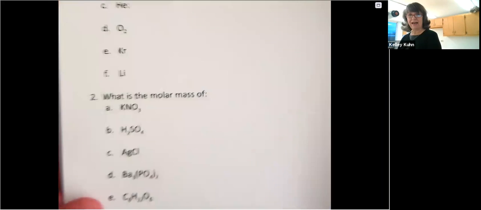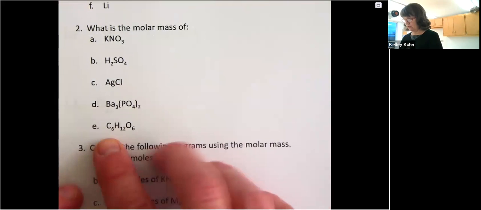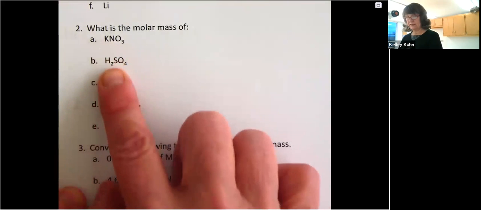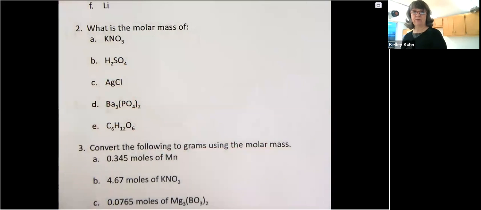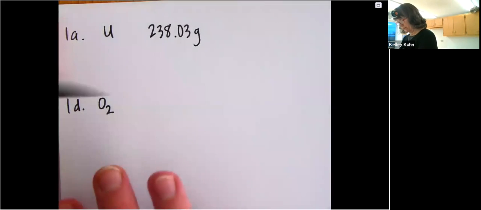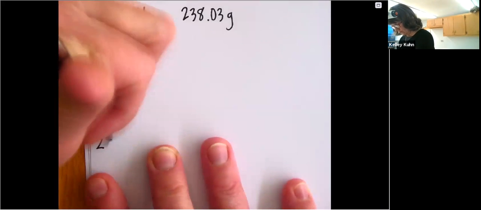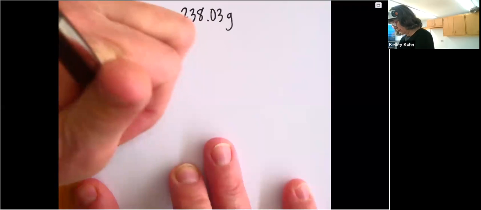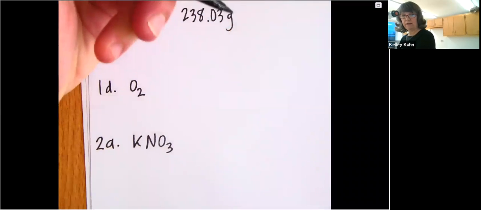So once we get past the atoms, what might you guess we do when we're trying to get the molar mass of a compound? Well, all we do is add up the molar masses of all the individual atoms. So for example, on 2A, we're supposed to get the molar mass of potassium nitrate, KNO3.